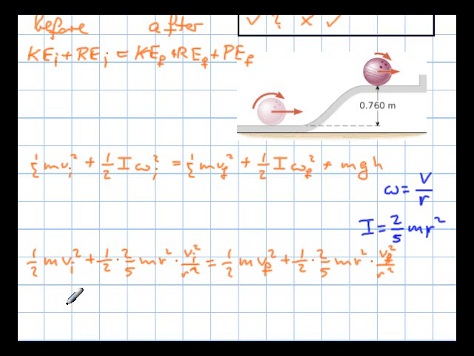And so here's the initial rotational and kinetic energy, final kinetic and rotational energy, and then of course plus the potential energy. Okay, at this point already, if you look carefully, you will see that there is only one variable, v_f, right there, and everything else will either divide out or is given.